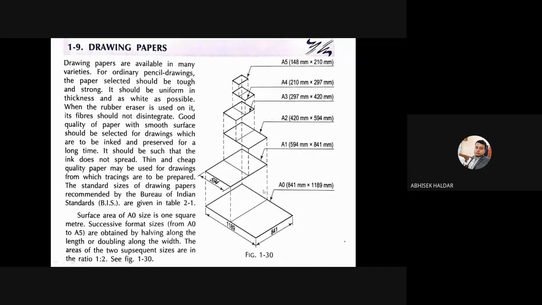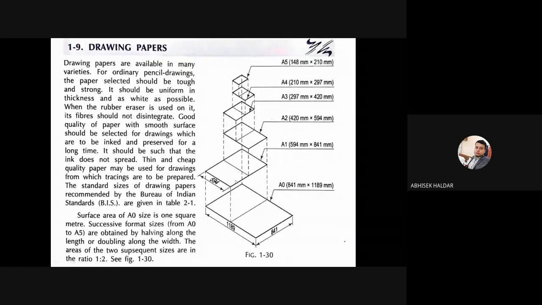This is the largest one. If I cut A0 into two pieces, this 1189 is the length of the paper, and 841 is the width. If I cut it through this line, each part that we get is basically the A1 size.